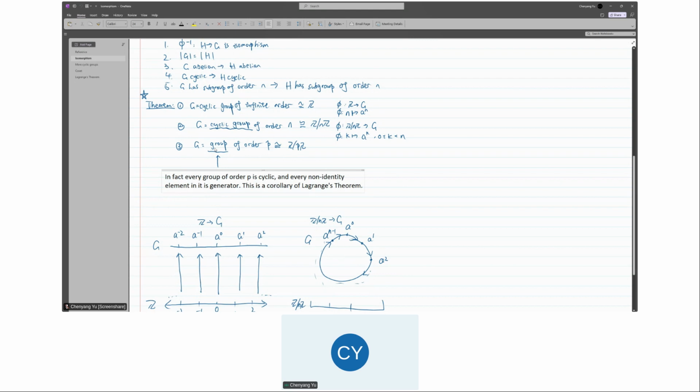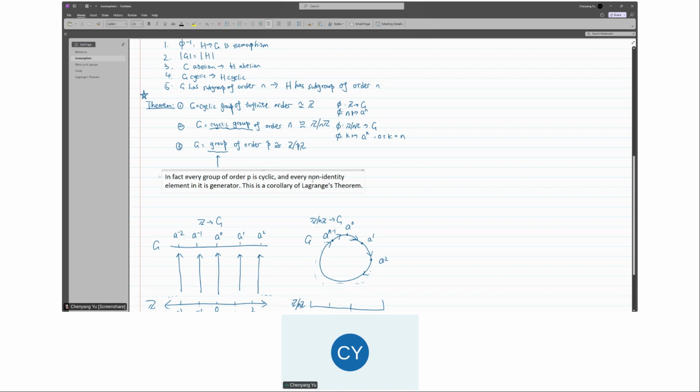Why don't we mention it is a cyclic group of order p? Because there's a theorem, a corollary of Lagrange's theorem, saying if you have a group of order p, then it is cyclic.